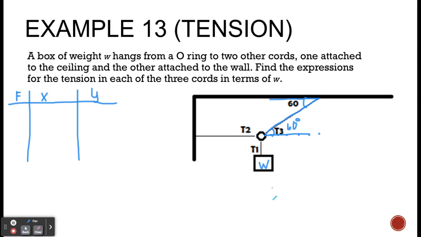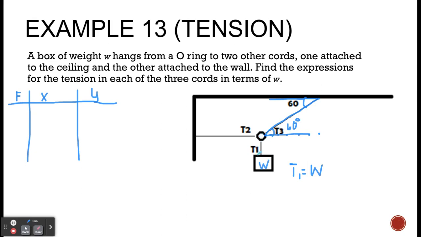This is interesting because technically, if we're looking at just the weight here, tension 1 is equal to the weight of the object. So we actually don't need to consider tension 1 because tension 1 is the weight of the object. So tension 1 is going to apply that weight to this O-ring in the center.